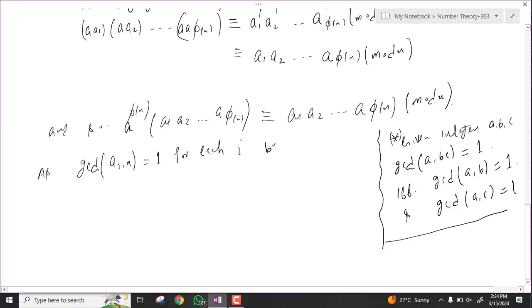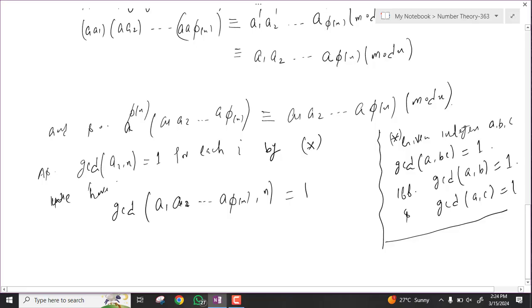Therefore, by star we have GCD of A1, A2, and so on, A phi of n with n equals 1 by using this star, as GCD of a and bc equals 1 if and only if GCD of ab equals 1 and GCD of ac equals 1.